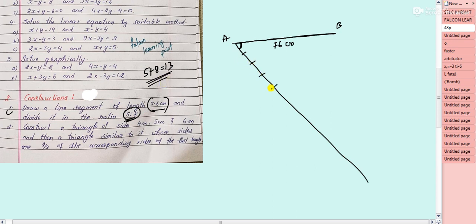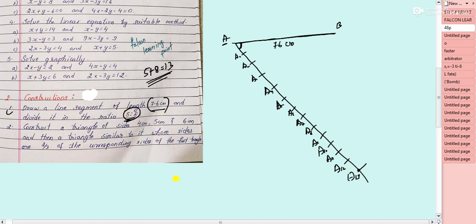1, 2, 3, 4, 5, 6, 7, 8, 9, 10, 11, 12, 13, and name them. Since it is near A, you can name A1, A2, A3, A4, A5, A6, A7, A8, 9, similarly 10, 11, 12, and this is your 13th part, remember.